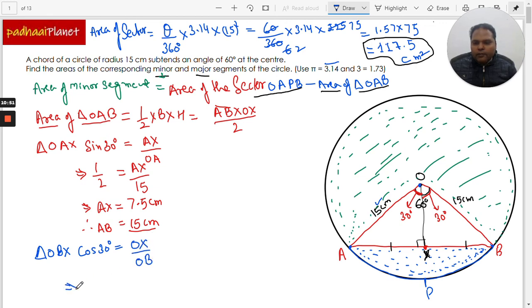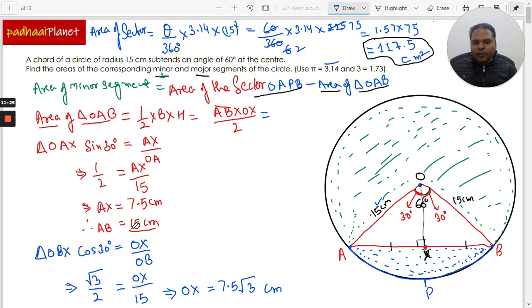We already know cos 30 degrees is root 3 upon 2, so that's OX divided by 15. So here we can say that OX will be 7.5 root 3 centimeters. Now we've got these two things. We will put them in this formula, and we will get the area of the triangle.